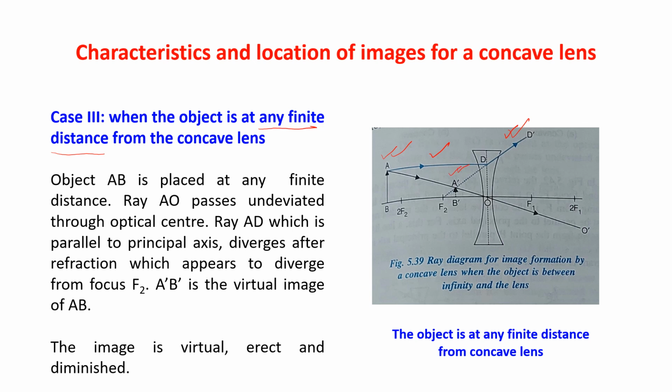So A dash B dash is the image formed, which is a virtual image. This image has the characteristics: it is virtual, erect, and diminished. If the object is at any finite distance for a concave lens, you will get a virtual, erect and diminished image. So there is only one ray diagram.